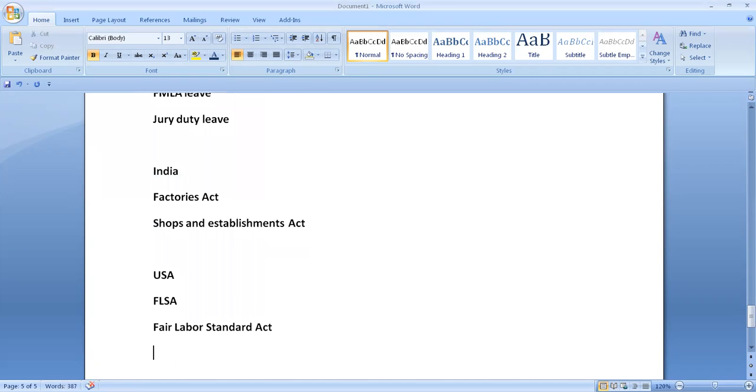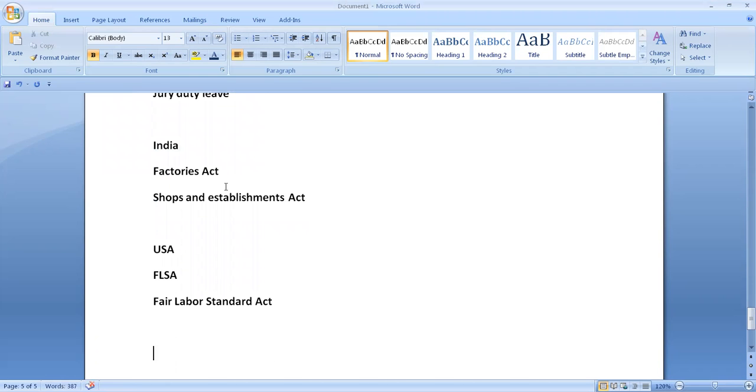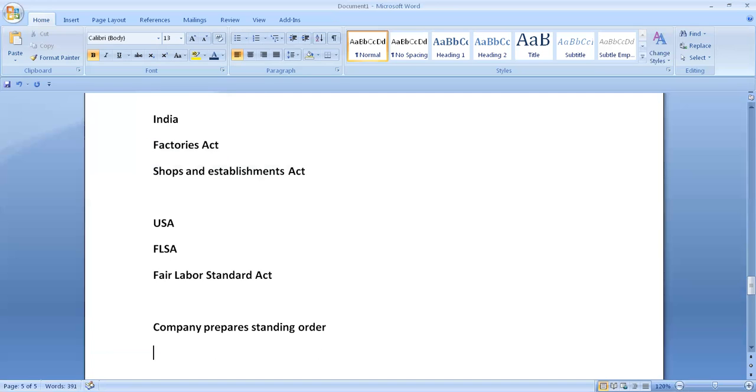Okay, so after referring to these acts, for example an Indian company, the company prepares standing orders, and it should be approved.